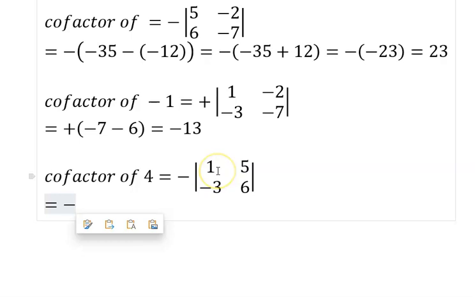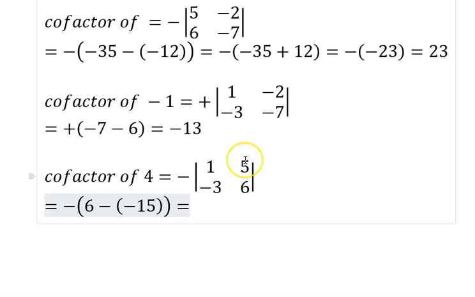awesome. So let's go. 1 times 6 will give us what? 6. The usual minus that used to be there. Minus 3 times 5 will give us what? Minus 15. Awesome. So now we say 6, minus times minus will give us plus.